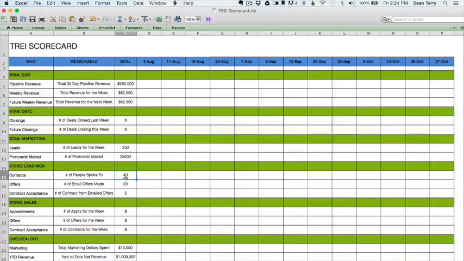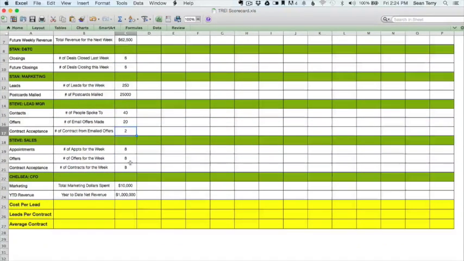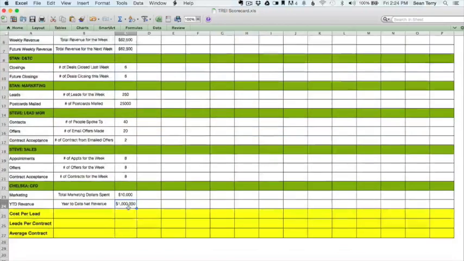Okay, and then you've got contacts, let's say 40 people, offers 20, contract accepted 2, sales appointments, offers, contracts accepted, marketing expense, year-to-date revenue. So all this right here gives you exactly the goal of what you want to target.